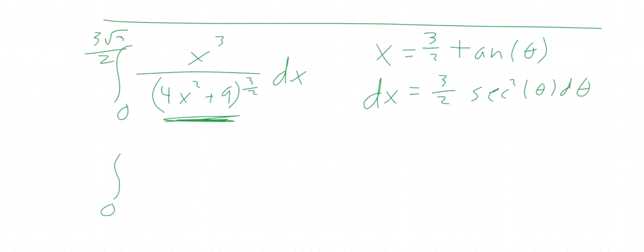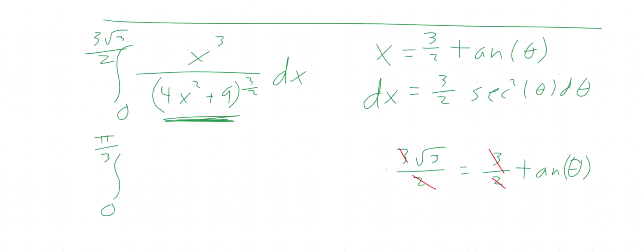But now whenever x equals 3 square root of 3 over 2, we get this. Now our 3's will cancel, our 2's will cancel. So where is tangent equal to square root of 3 or square root of 3 over 1? That is where we have pi over 3, 60 degrees. So make sure you change your bounds whenever you make your change with your variables.